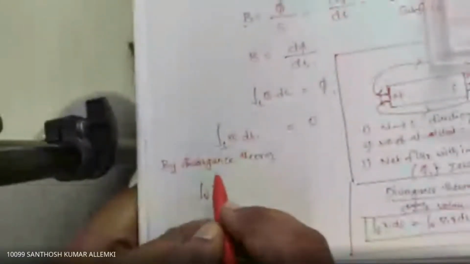We can write the surface integral of B dot ds, it can be converted into a volume integral, where we have del dot, whatever it is, here it is B.